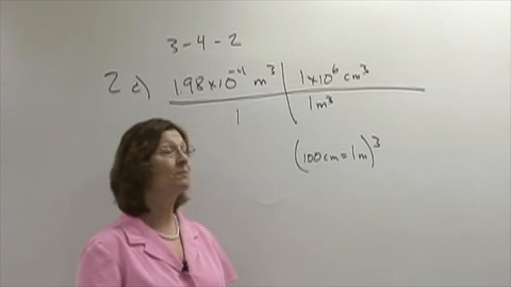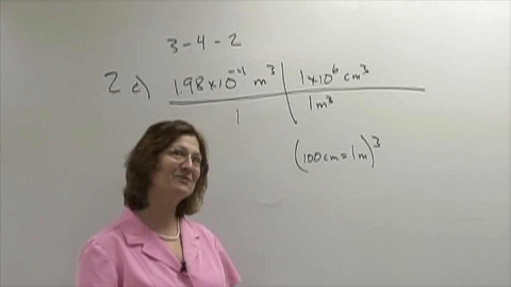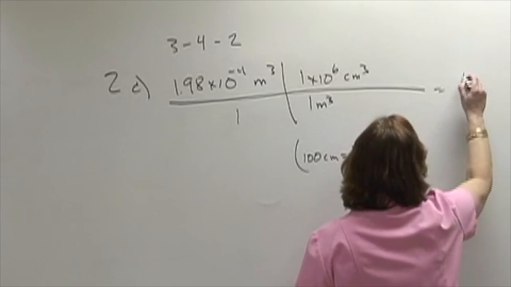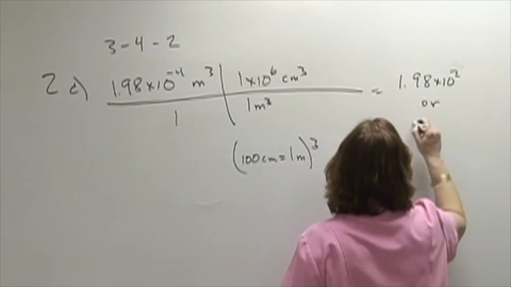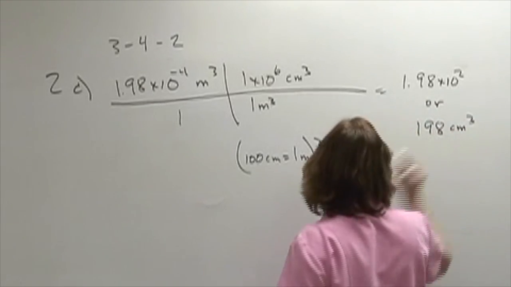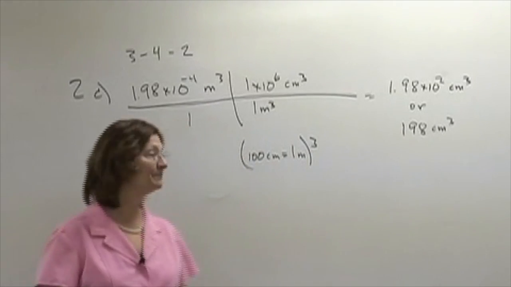And minus 4 plus 6 is positive 2. You got to think about those numbers. Now, I could write it as 1.98 times 10 to the 2, or I could just write 198 centimeters cubed. Either number would be fine because they are equivalent numbers.